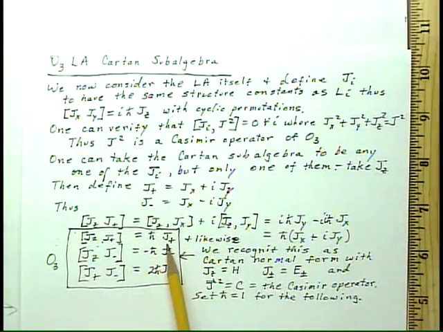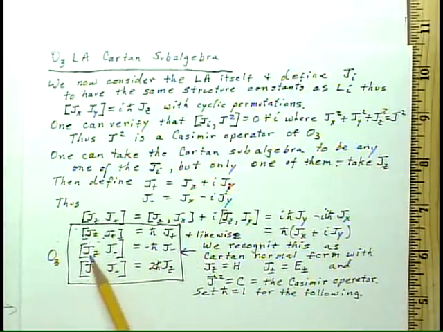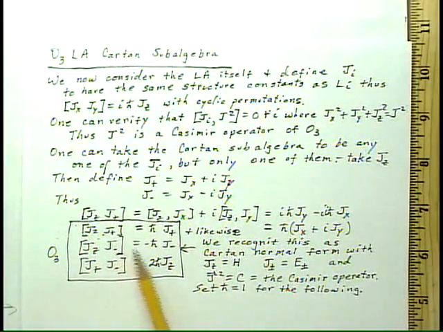It follows therefore that [Jz, J plus] is ħ times J plus. Likewise, it's trivial to then show that [Jz, J minus] is ħ times J minus with a minus sign out front.